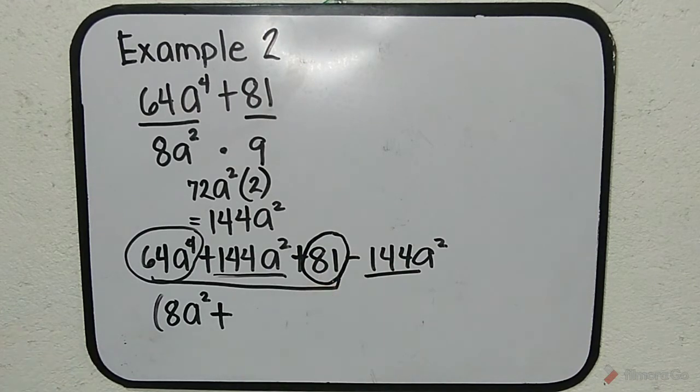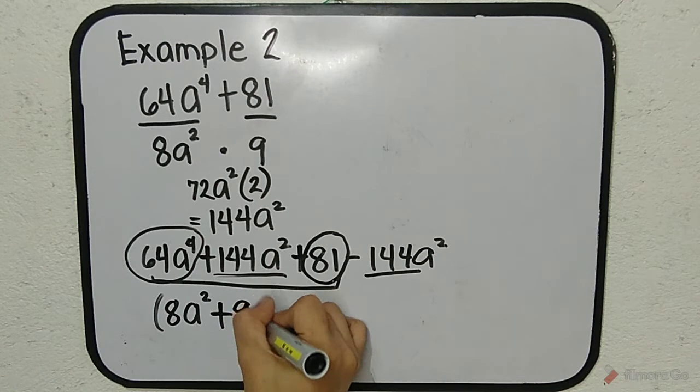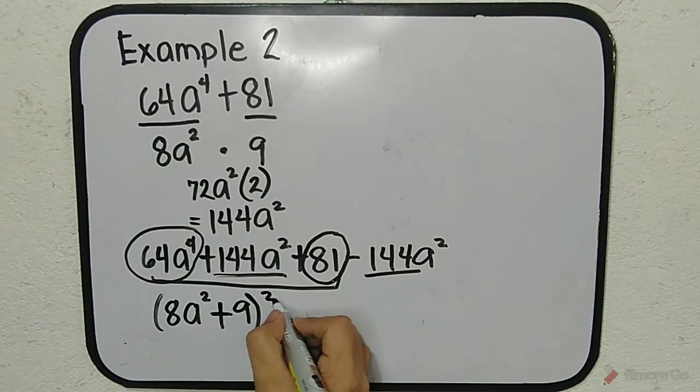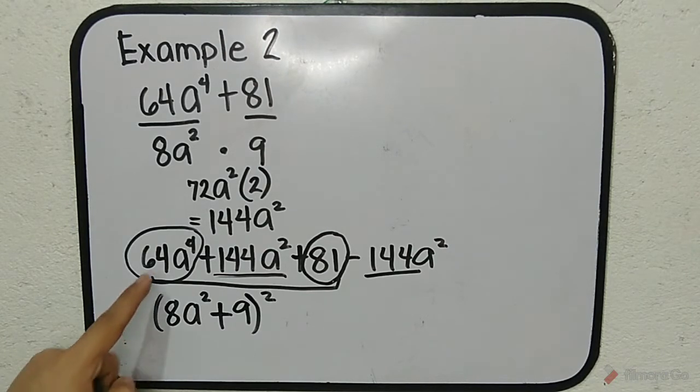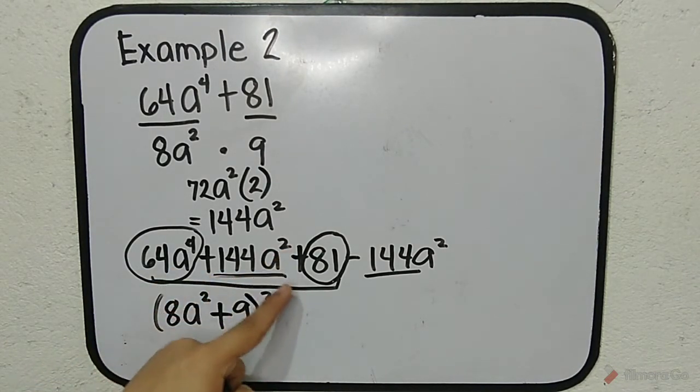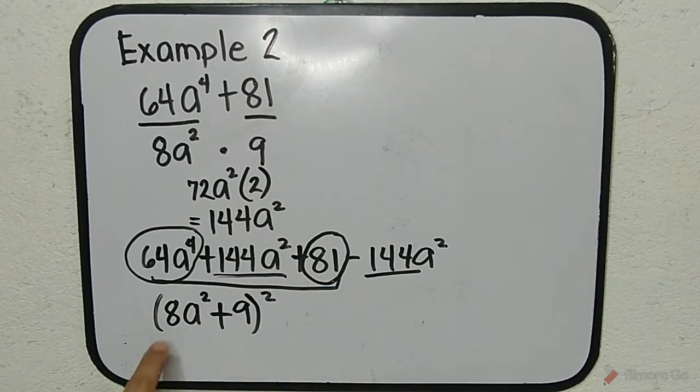So, square root of 81 is 9. Yan. Then, square natin siya. So, meaning ang factor pala ng 64a to the fourth plus 144a squared plus 81 ay quantity 8a squared plus 9 raised to the second power.